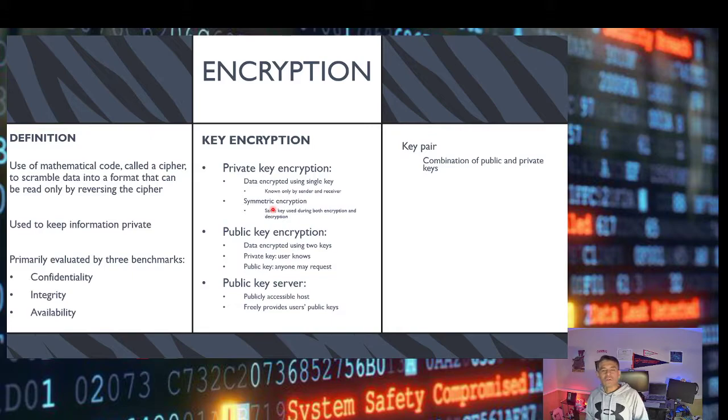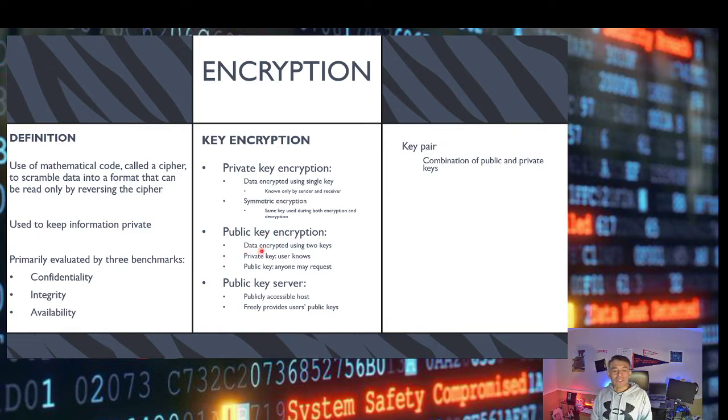It is called asymmetric encryption whenever you're using just a private key only, because the same key is used during both encryption and decryption.